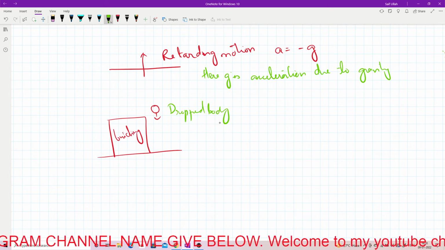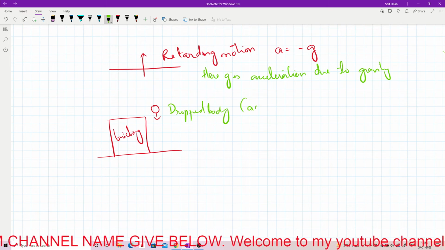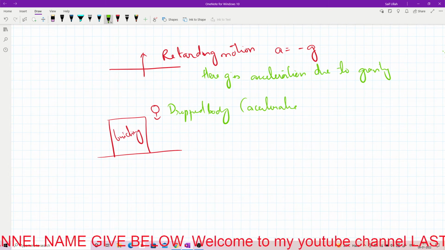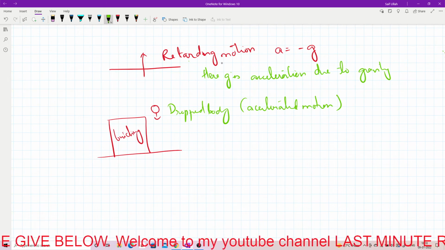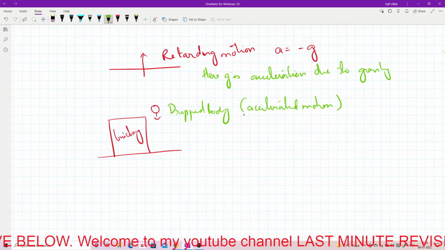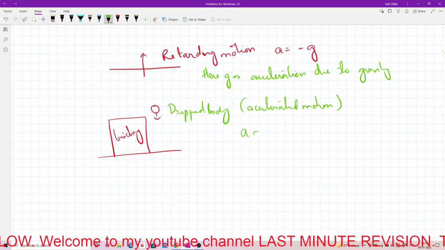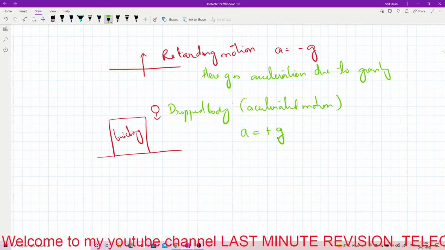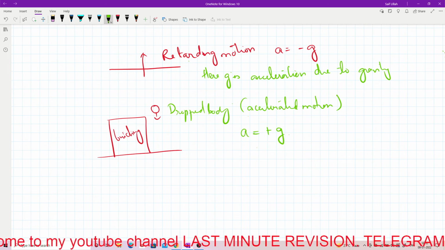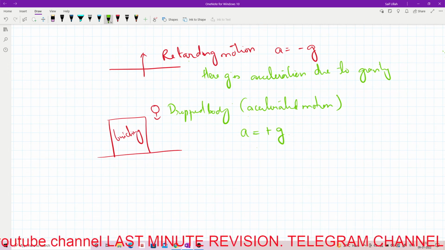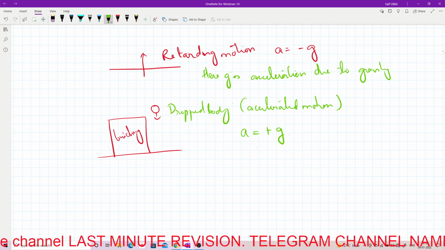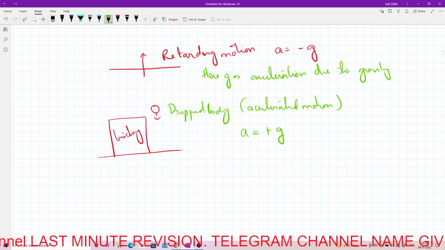Here it is accelerating motion. It's called accelerated motion. The first one was the retarding motion. This is accelerated motion, which means here the acceleration due to gravity will be positive g. This is how you have to use the sign convention whenever there is a numerical problem.